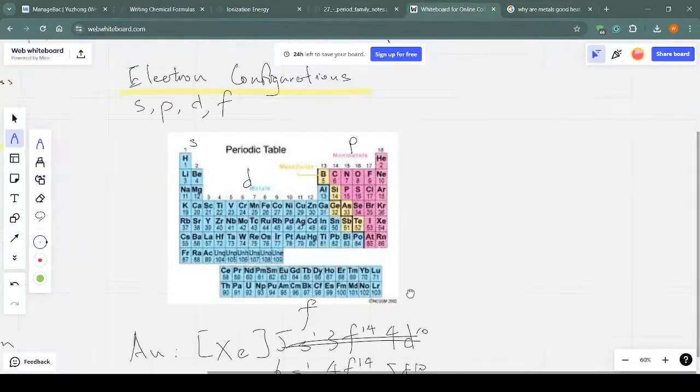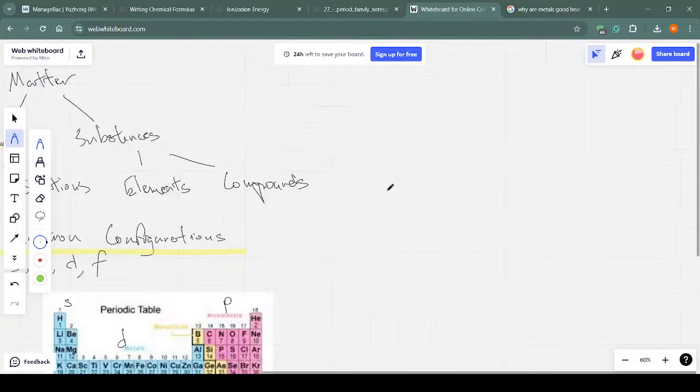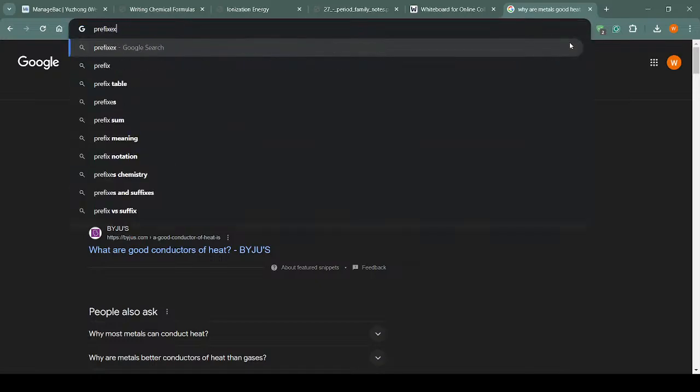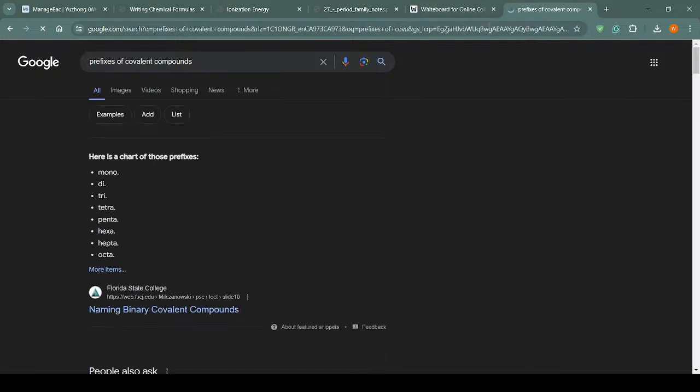Okay, what are like the 10 prefixes? Mono, di, tri, wait, prefixes of covalent compounds.